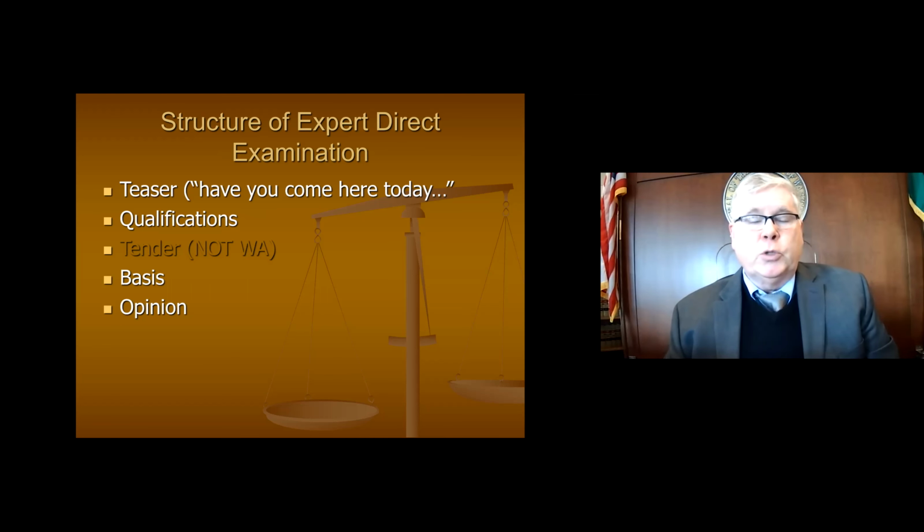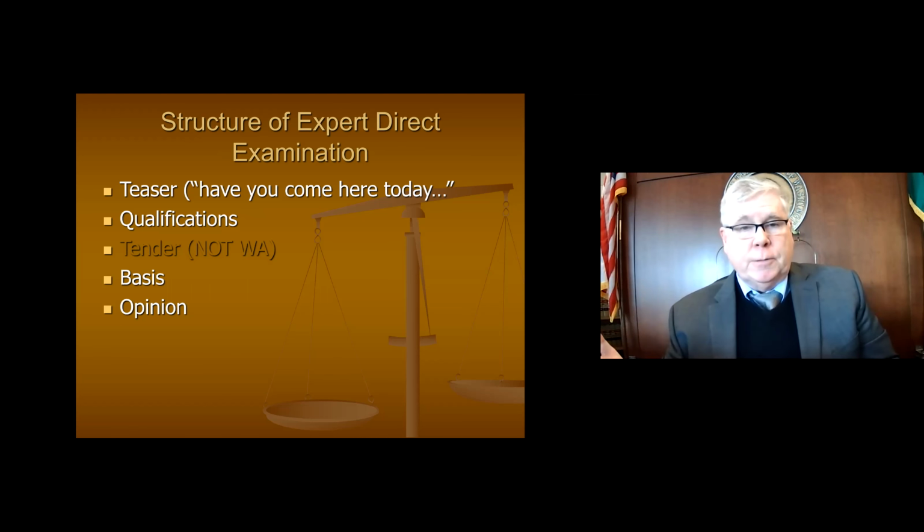In many states, there is what's called the tender. And the tender is essentially a judicial acceptance of the expert. It is a, hey, wake up moment for opposing counsel because it triggers the obligation to object.